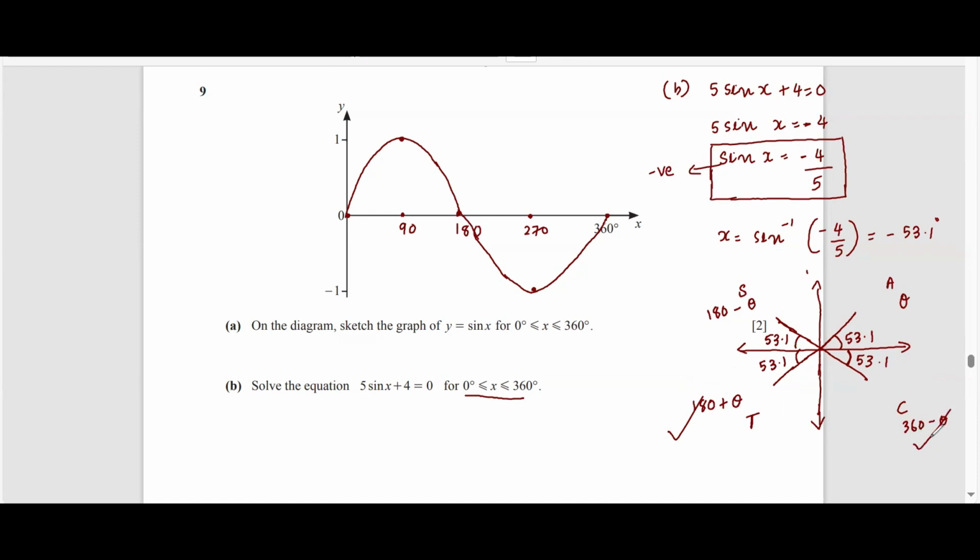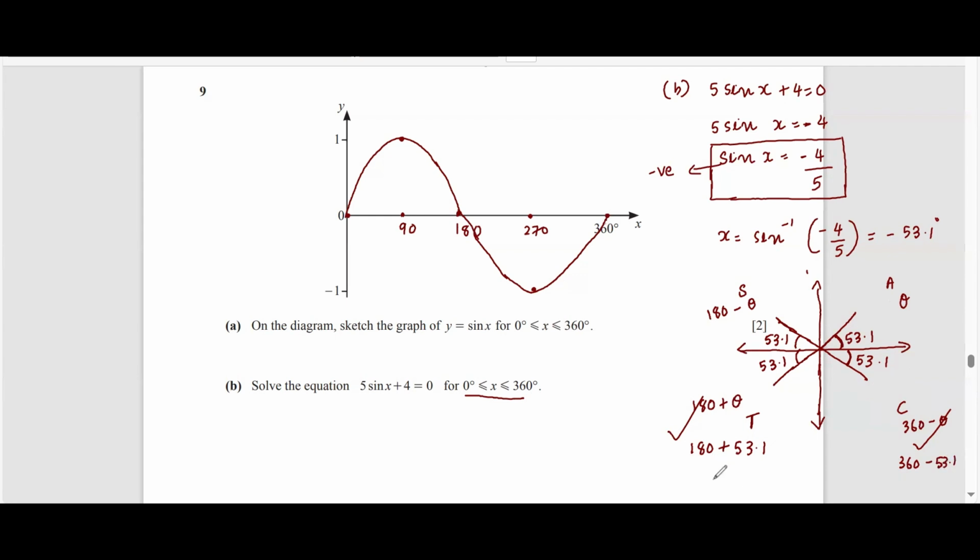The sin is negative. Theta will always be the angle in the first quadrant. The angle in the first quadrant is 53.1 degrees. So to find the value in the third quadrant, 180 plus 53.1. And in the fourth quadrant, it is 360 minus 53.1.